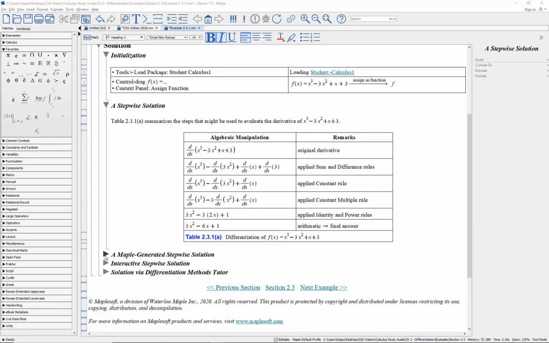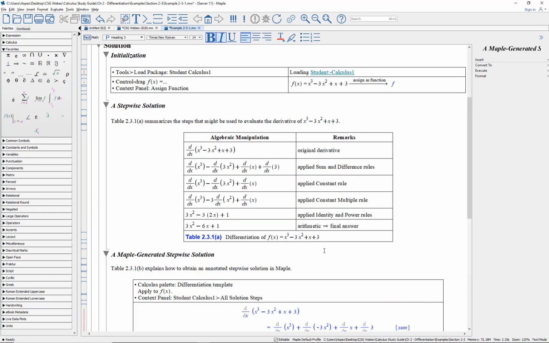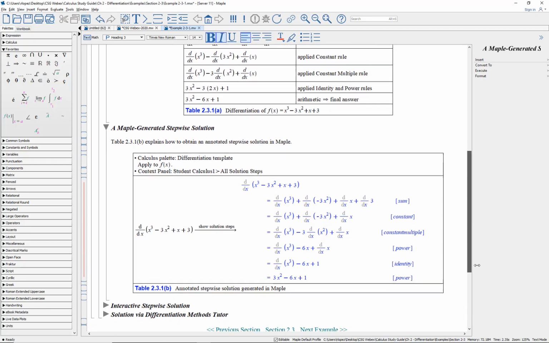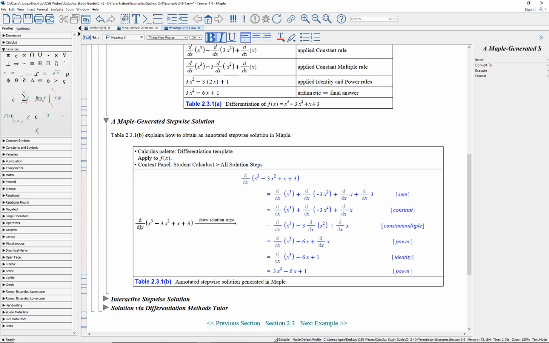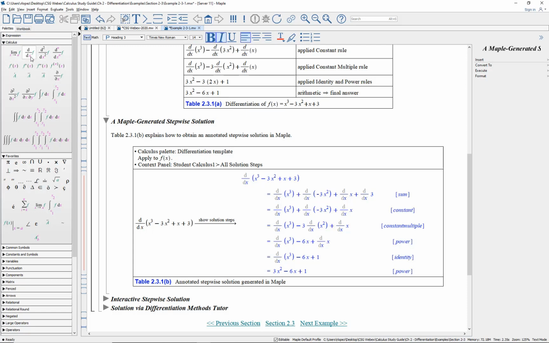Now let's see how Maple can generate this kind of a stepwise solution. Okay, so we make use of this differentiation operator, which is in this calculus palette. It's this operator right here. So this template, you click on it, and it ends up where you last were. Apply it to f of x.